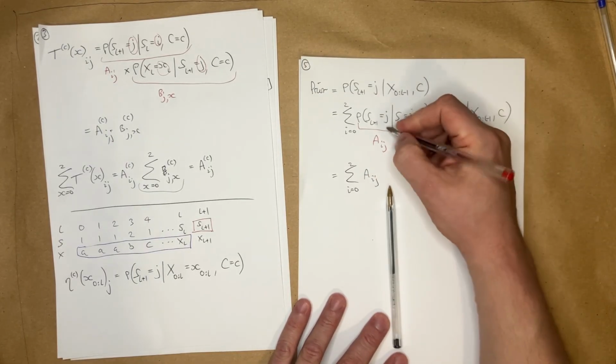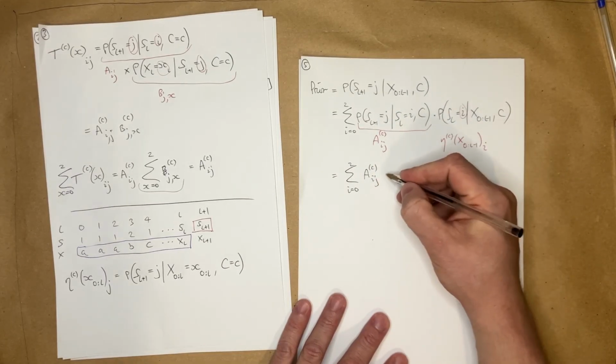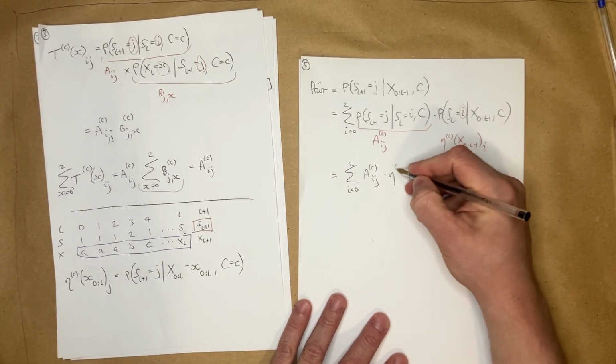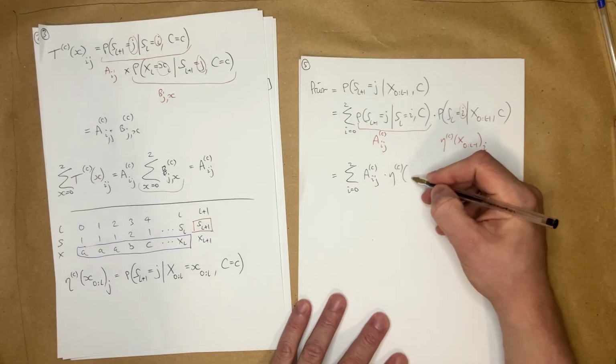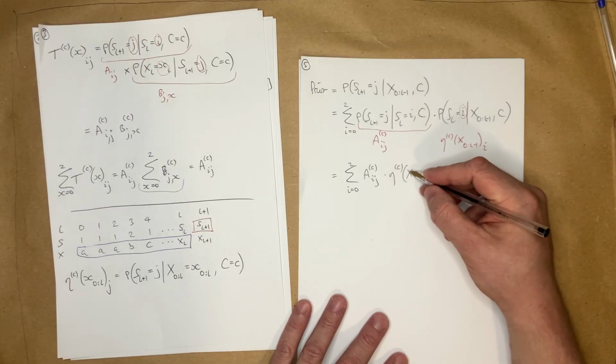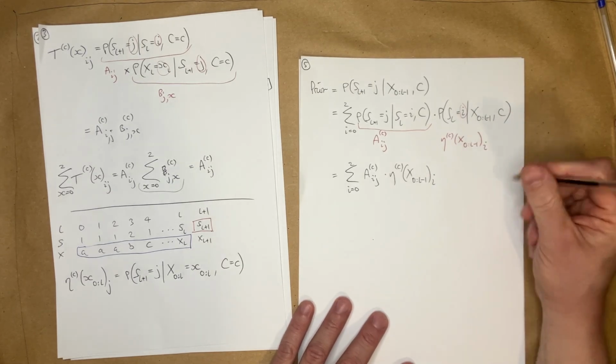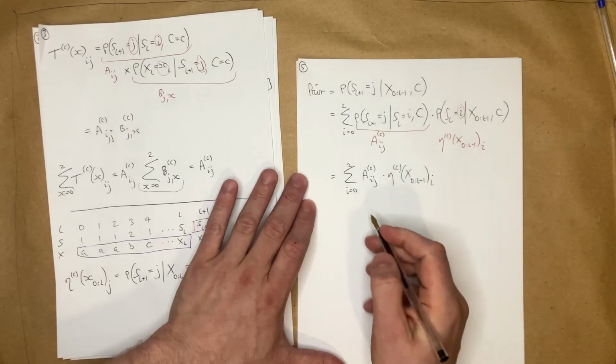Oh, sorry, that should have a C as well. Aijc times eta of C. Yeah, the posterior of the hidden state using the tokens up to step L minus 1 as input. Okay, that's a good stopping point for the prior.